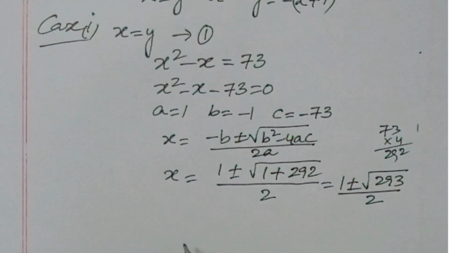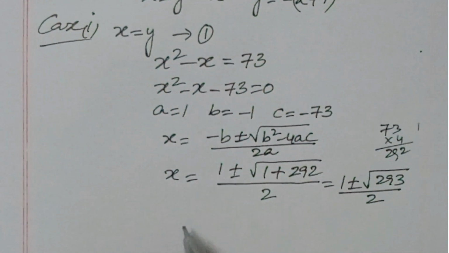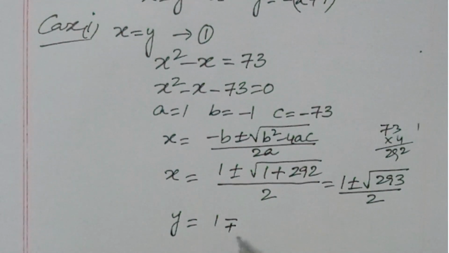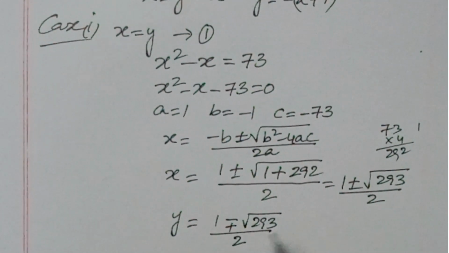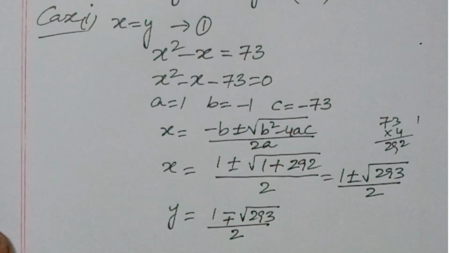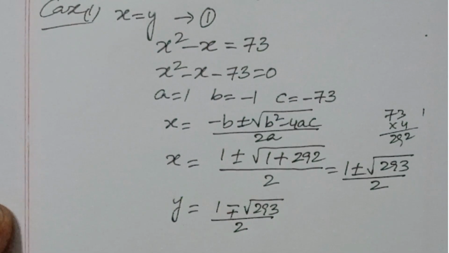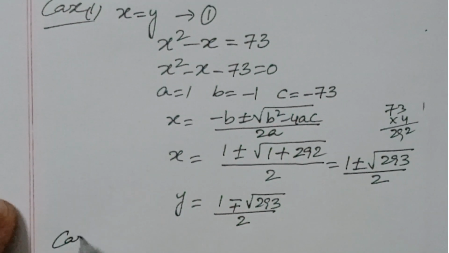The value of y will be the conjugate of this: y is equal to 1 minus plus root of 293 by 2. So these are the values of x and y, which are irrational.